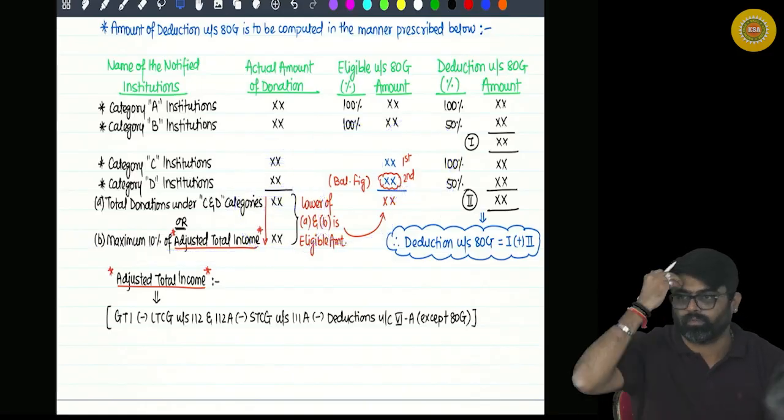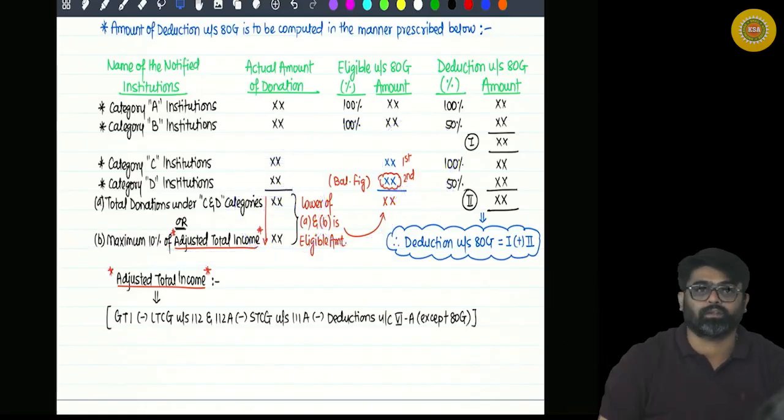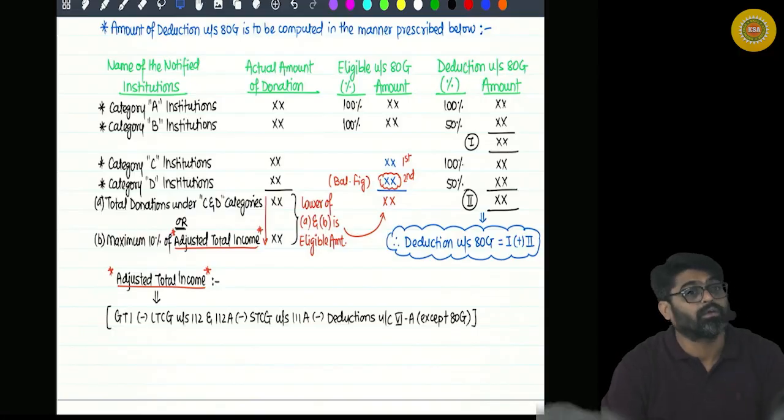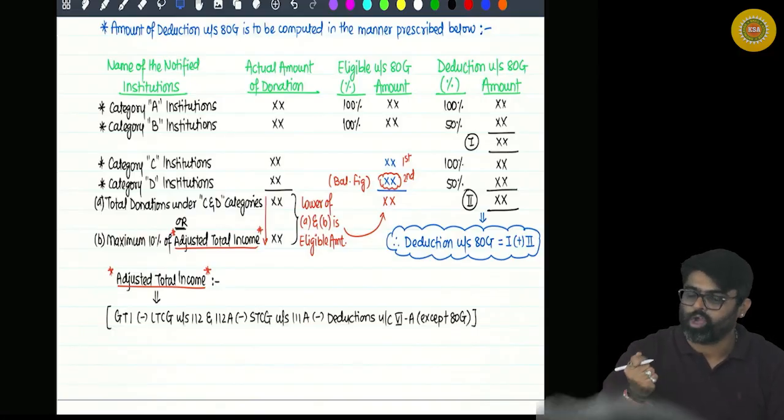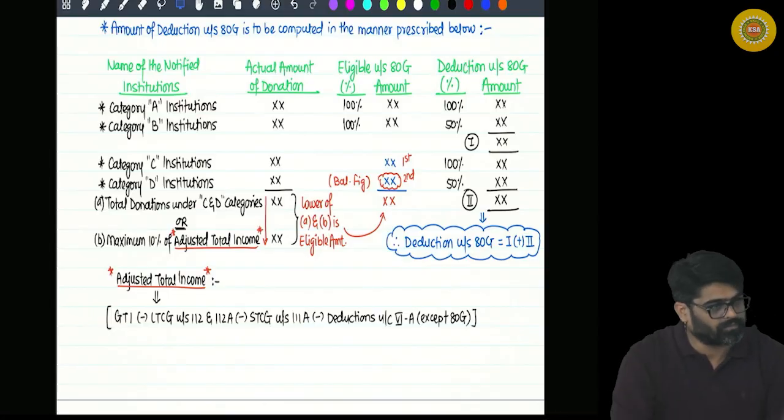Now what is this? Did you understand? If I write with numbers, it will immediately be understood by you.